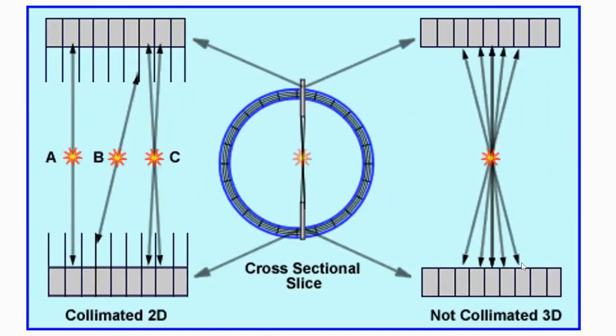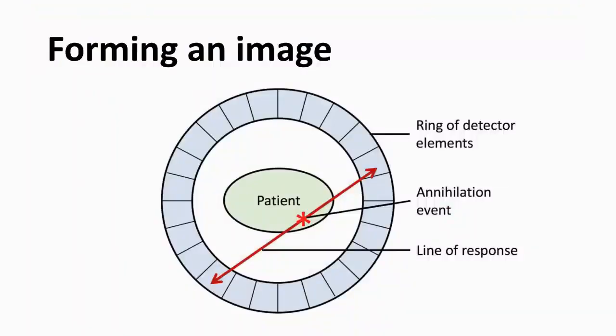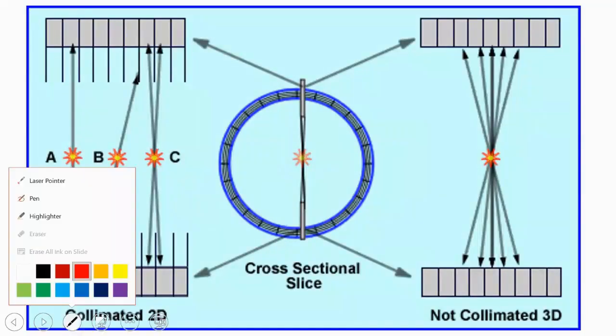In 2D mode, the presence of the septum reduces the number of scattered photons that will be detected, thus reducing sensitivity. But if you remove the existing septum, I entered the 3D mode, which is the standard today.